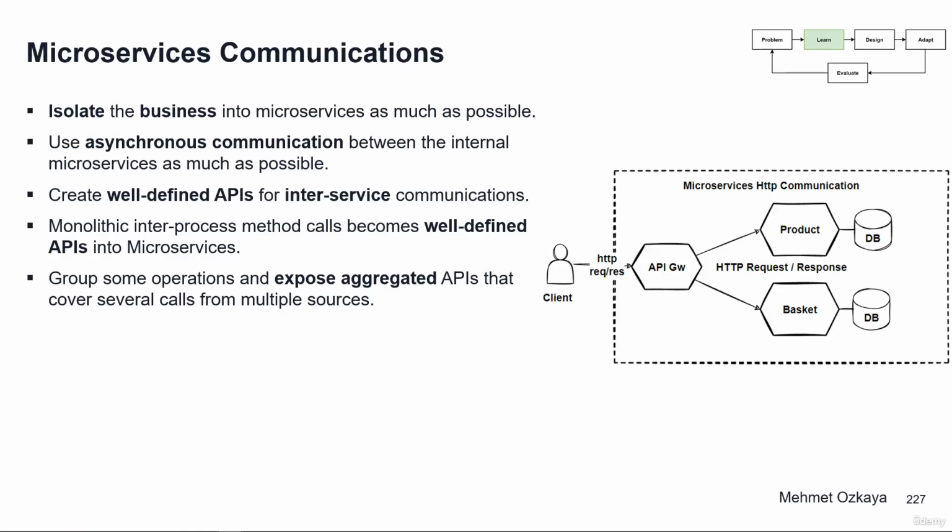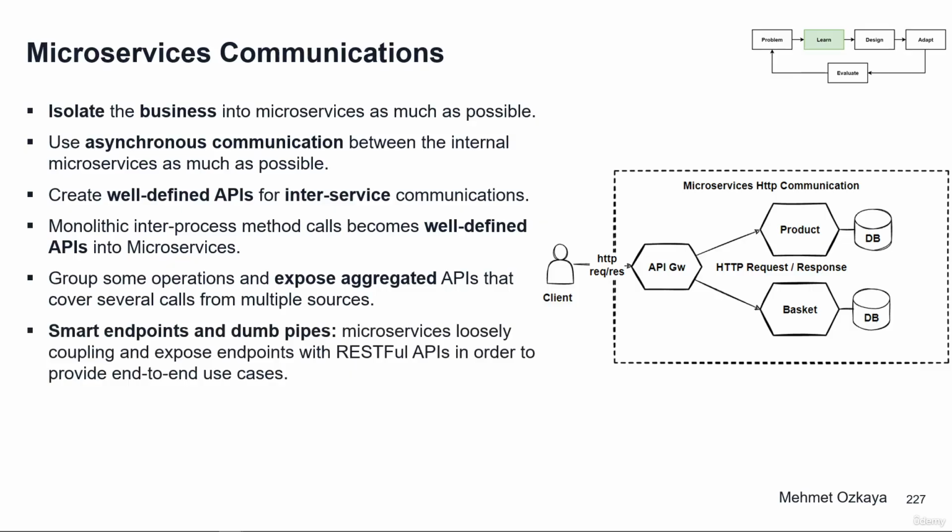Since microservices are distributed systems, they must communicate over inter-process protocols like HTTP, AMQP, gRPC and so on. This is one of the biggest changing paradigm when moving monolithic to microservices. As you remember that one of the important microservice characteristics from Martin Fowler article is smart endpoints and dumb pipes.